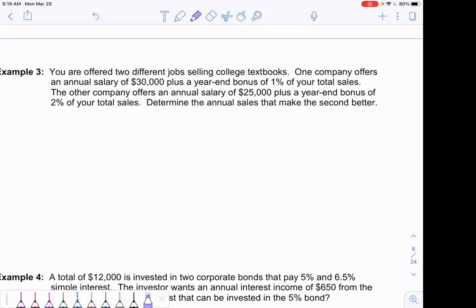Our goal is to figure out the annual sales that would make the second option better. In order to do that, we need to write a system of equations first. And you're comparing 2 different offers, so you need an equation for company 1 and an equation for company 2. So, Shiana, how could I write an equation for company number 1 since we're trying to do a comparison here?